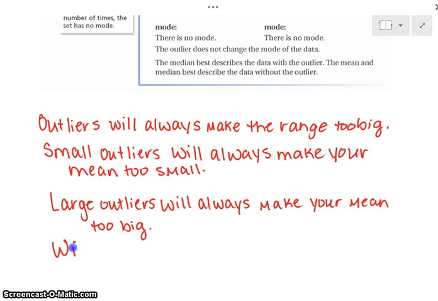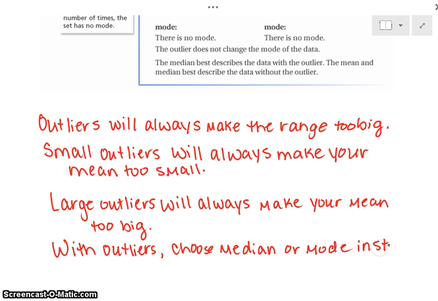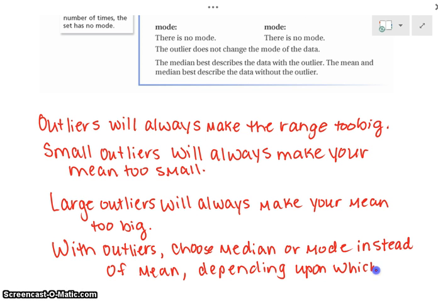So choose median or mode instead of mean, depending upon which one best represents the spread of data.